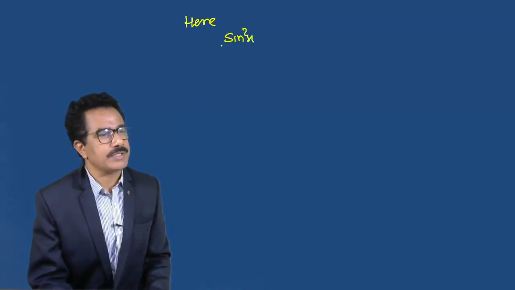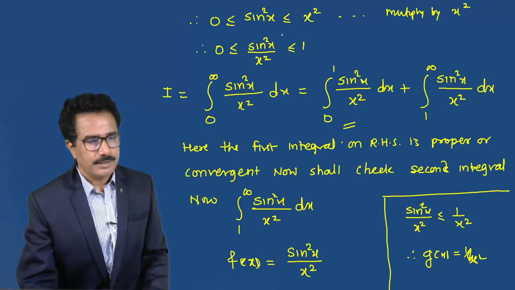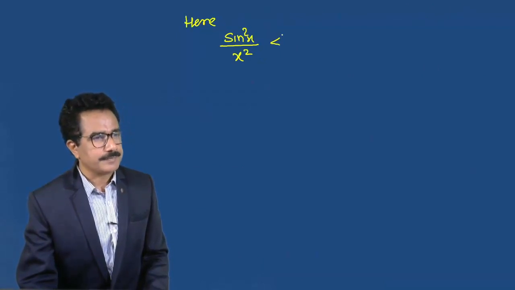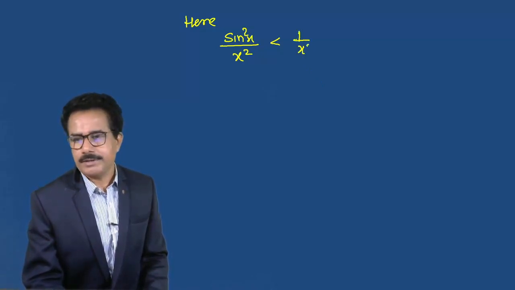So here sin square x divided by x square is less than g of x, which is 1 upon x square.